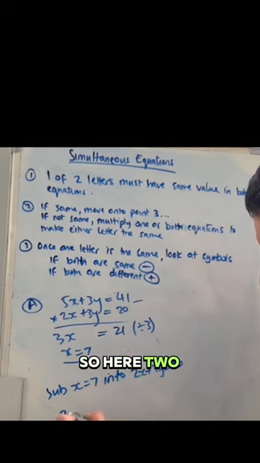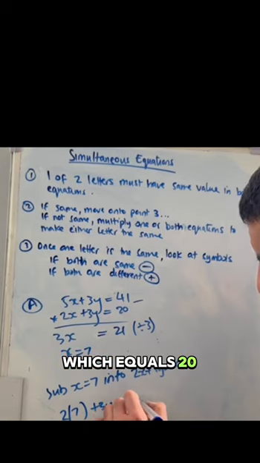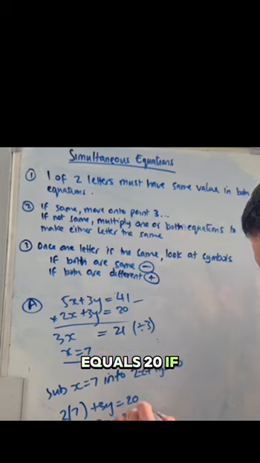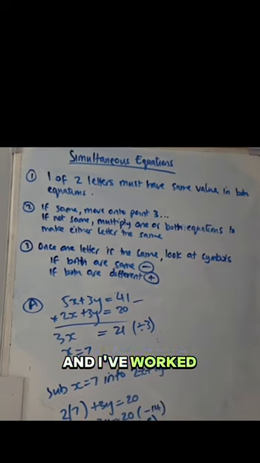So 2 times 7 is 14, plus 3y equals 20. If I minus the 14 from both sides, 3y equals 6, and then dividing by 3, y equals 2. So I've worked out my x and my y, and that's your first example.